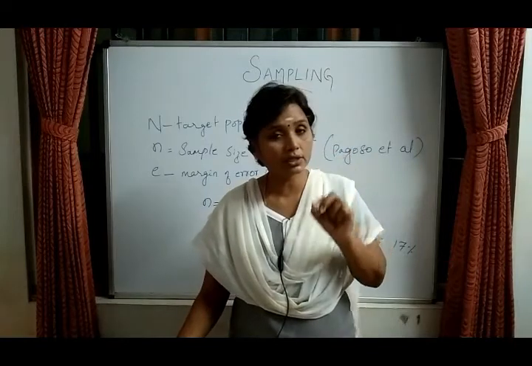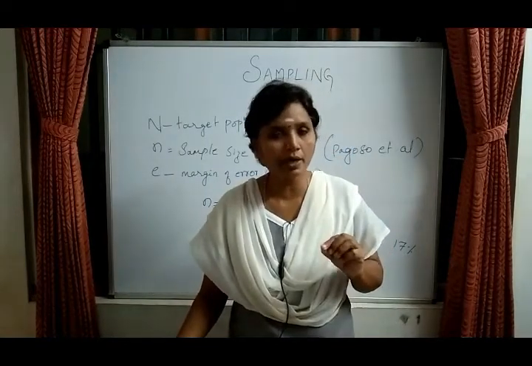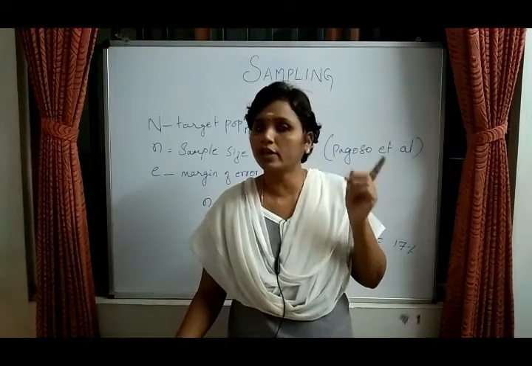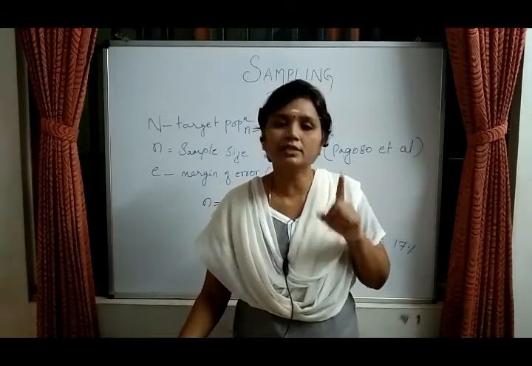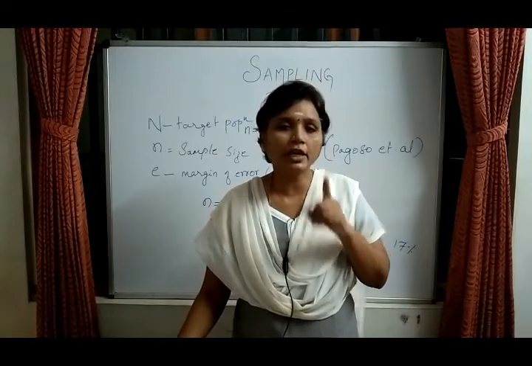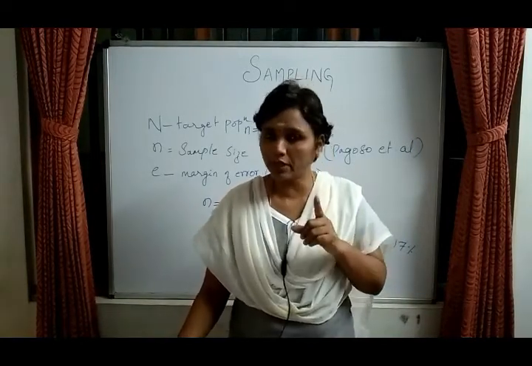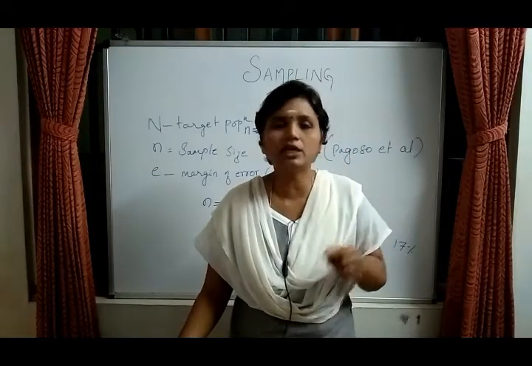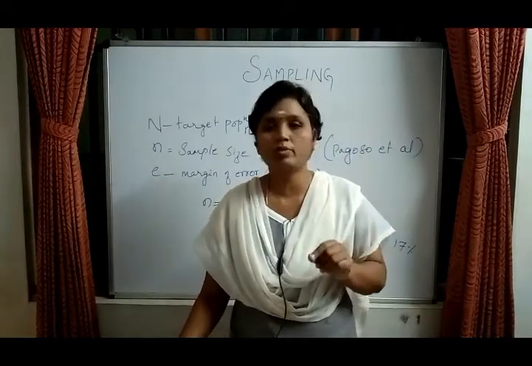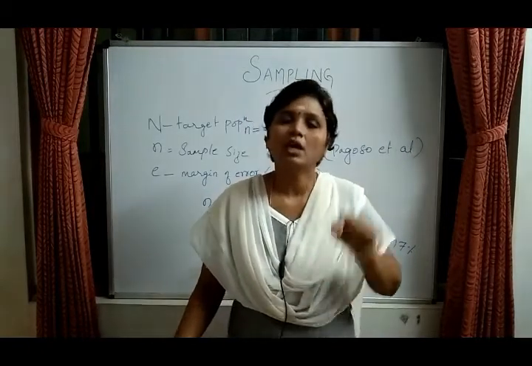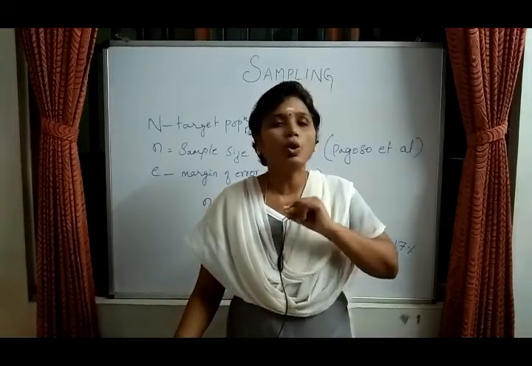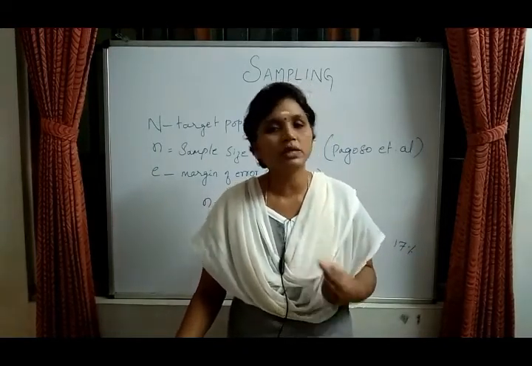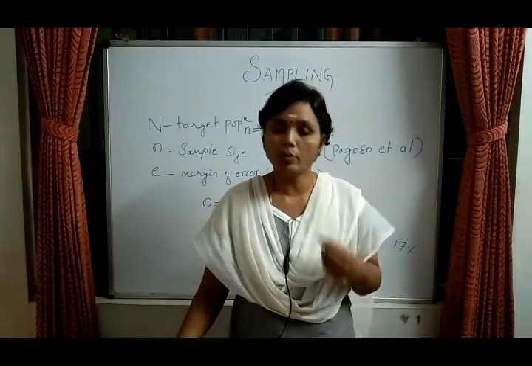And the next technique is the probability sampling. It is the main one. So we have studied in the research design that randomization indicates the true experimental design. So the randomization is present in the probability sampling. We are giving an equal chance to all the population, and we are withdrawing the sample from the target population, that is the probability sampling.